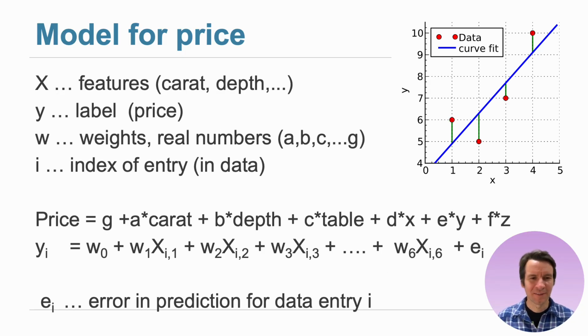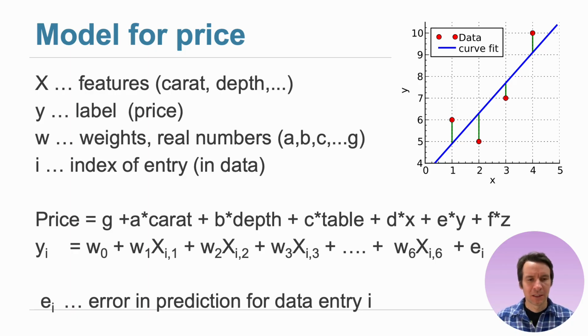A little more abstract way is the following. I have x, which are features, y that is the label, w the weights, and i the index of the data. So every row in the data that we have corresponds to one diamond that we saw, and the diamond has the features. If I fix the w, the weights, I would like to say that the price, which I will write as y_i, that's the thing I am trying to predict, and i means that I have the entry index i, or the ith row, right?